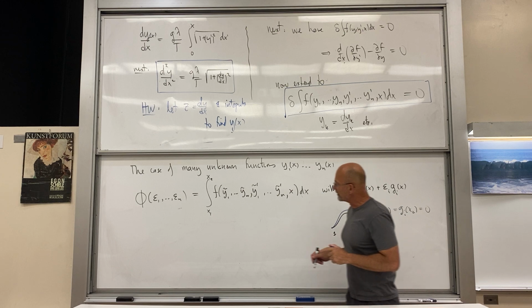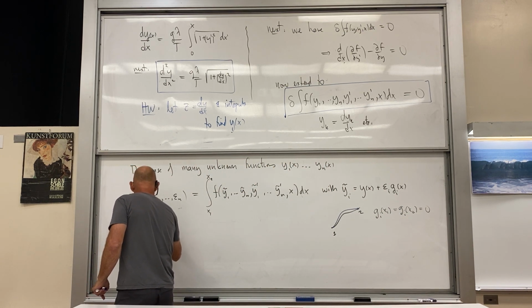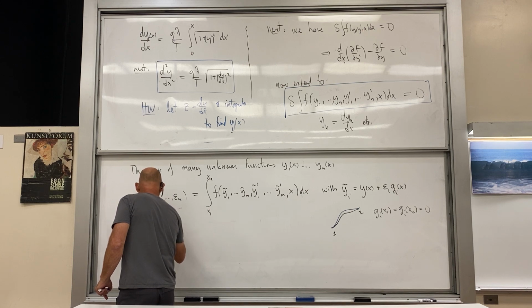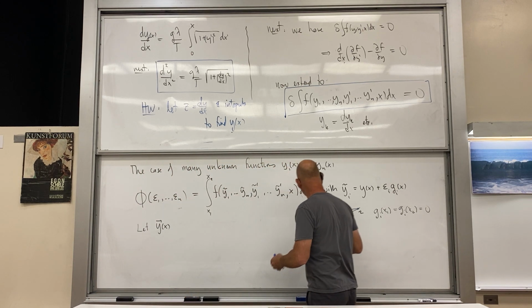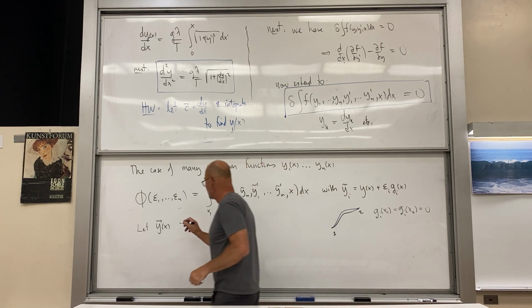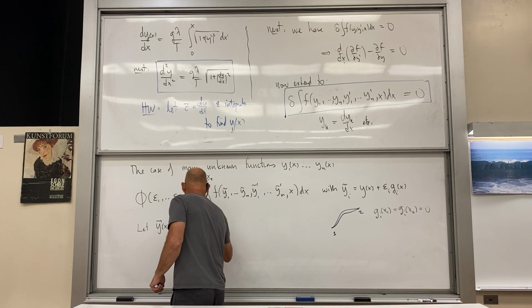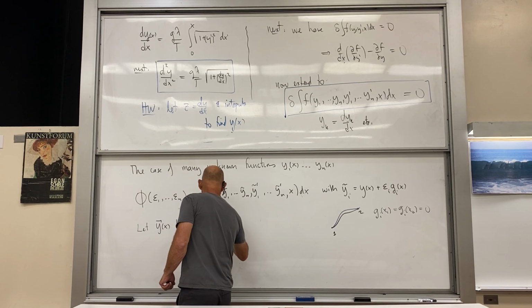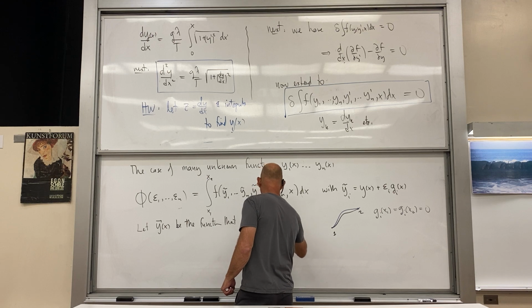Now, remember, we're looking for, so let y of x, and by writing it as a vector, I'm writing all n of them, I equal 1 to n, be the function that minimizes phi.